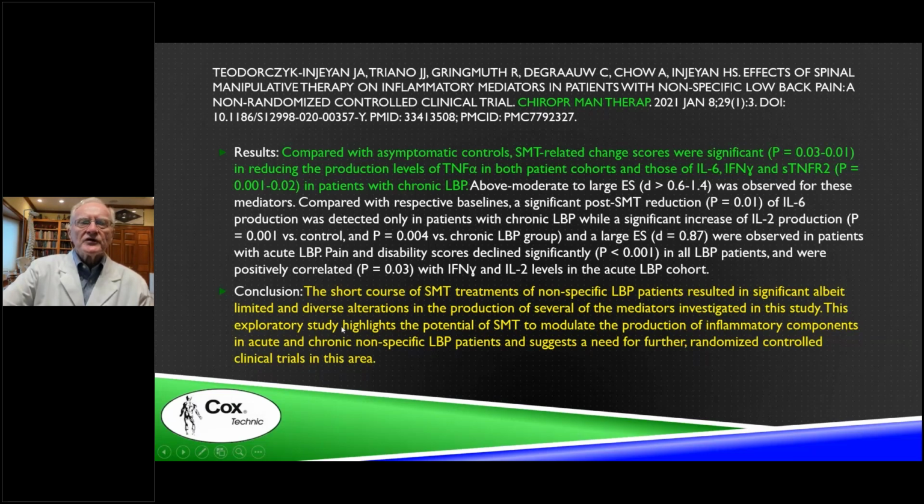This exploratory study highlights the potential of spinal manipulation to modulate the production of inflammatory components in acute and chronic low back pain patients, suggesting a need for further randomized controlled trials. In these papers, they were looking at a reduction of interleukin-6 and an increase of interleukin-2 following spinal manipulation.